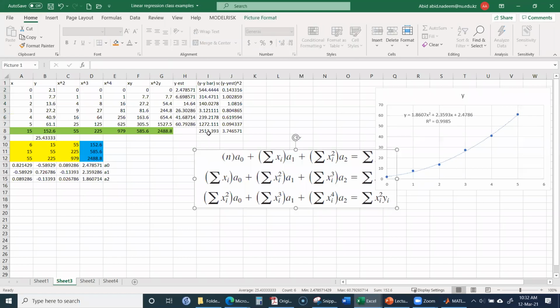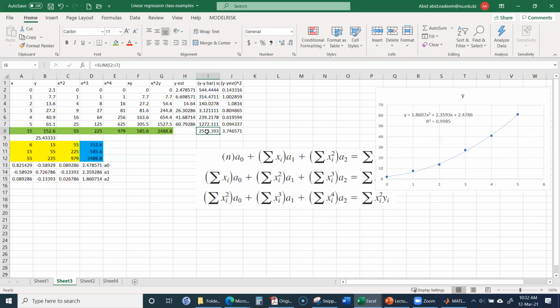Here I can see that this value fits with a coefficient of determination of 0.9985. Similarly we calculated the y minus y bar difference, but y minus y estimated square is only 3.74.